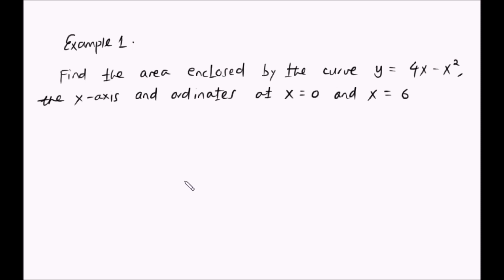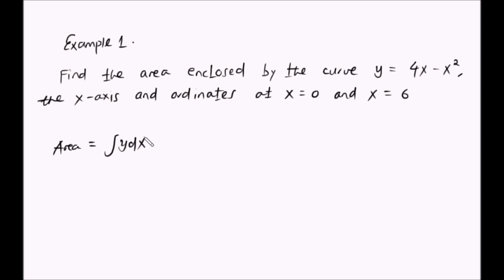So this is example 1. Anasema find the area enclosed by the curve y is equal to 4x minus x squared, the x-axis and ordinates at x equals to 0 na x equals to 6. So nilisema area ni sasa na integrate area under a curve kama hivi.